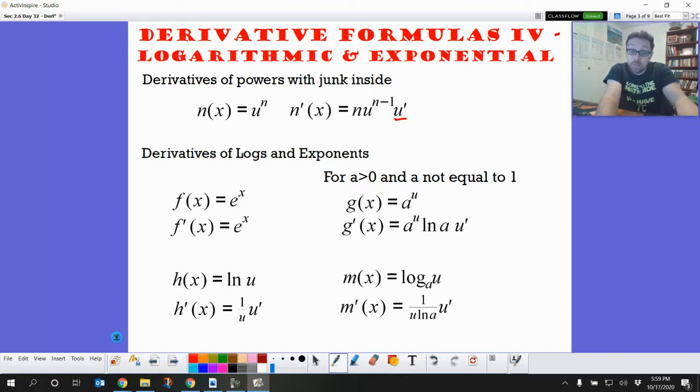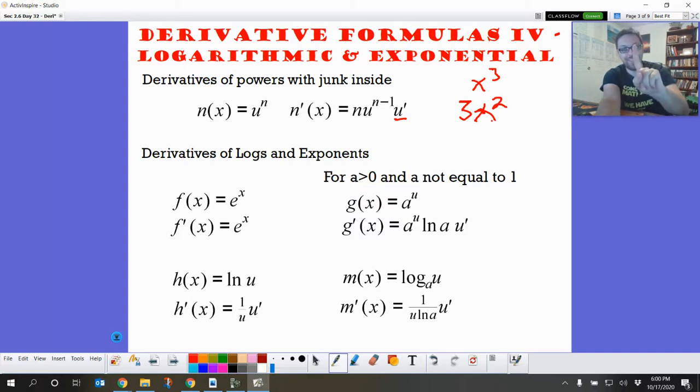Now, technically, we've been doing that up to this point. If we took our derivative of x cubed, we were just saying, oh, that's 3x squared. And then we would multiply by the derivative of the inside. But the derivative of the inside is 1, so it doesn't really do anything.